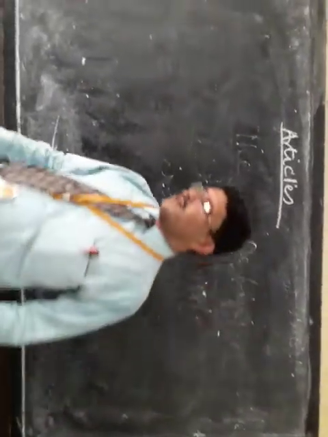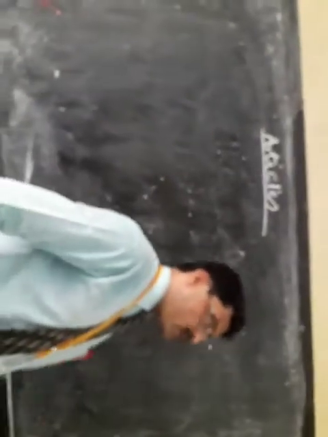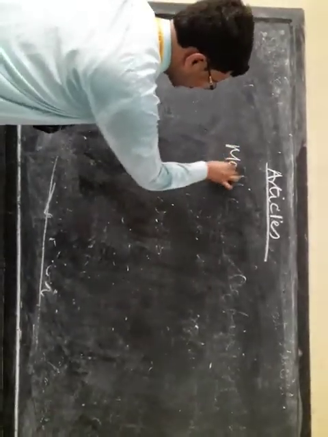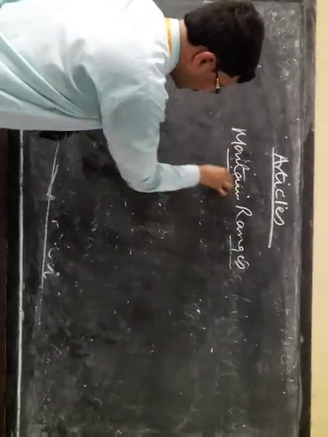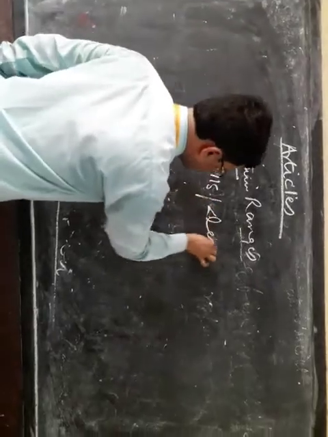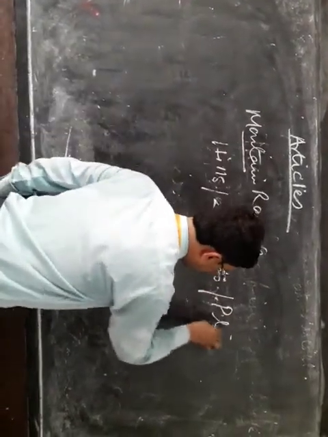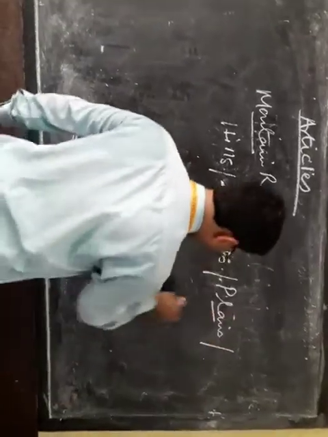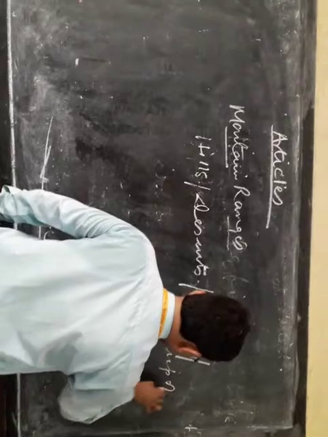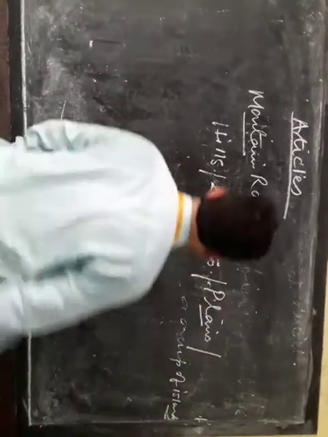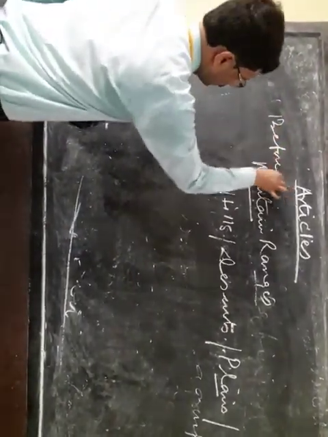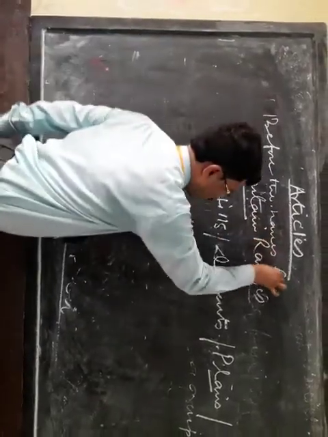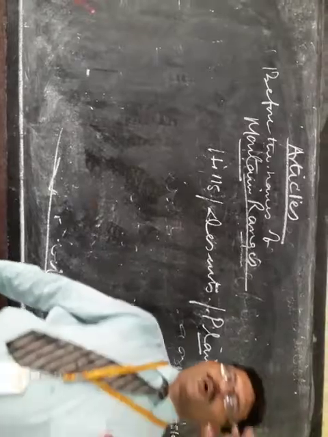Apart from all these things, we also use the article before the names of mountain ranges, meaning chains of mountains, hills, deserts, plains, and a group of islands. That is, before the names of landforms.